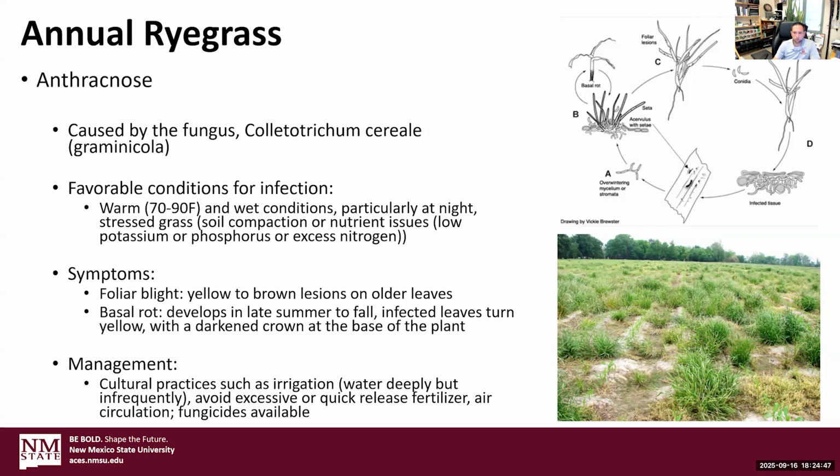But you can also get rotting on the basal parts of the plant, near the base. For cultural practices such as irrigation, again, water deeply but infrequently, and also avoid excess or quick-release fertilizers.